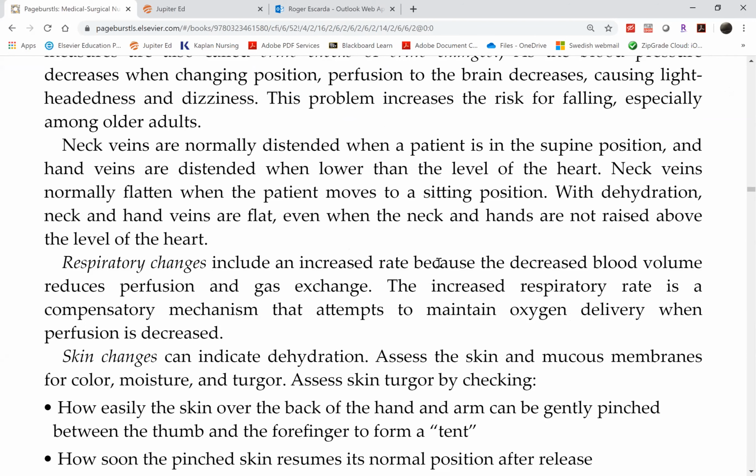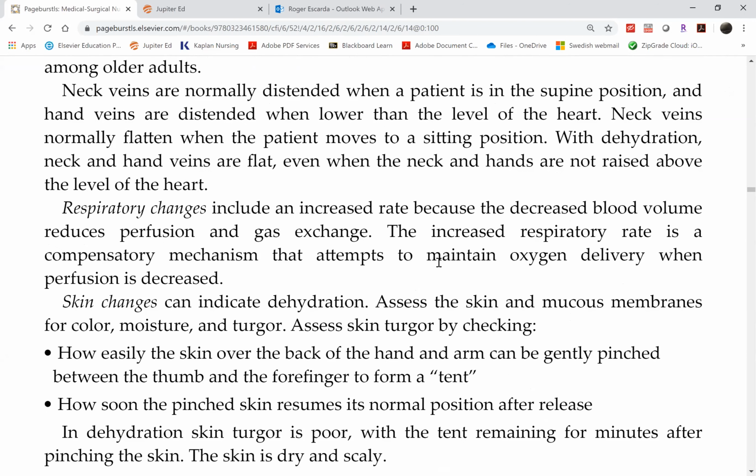Respiratory changes. What happens to your respiratory rate when you are in fluid overload? Increases. What about if you're in deficit? Is there a difference? Actually, no. In both cases, you'll have an increased respiratory rate for two different reasons though.